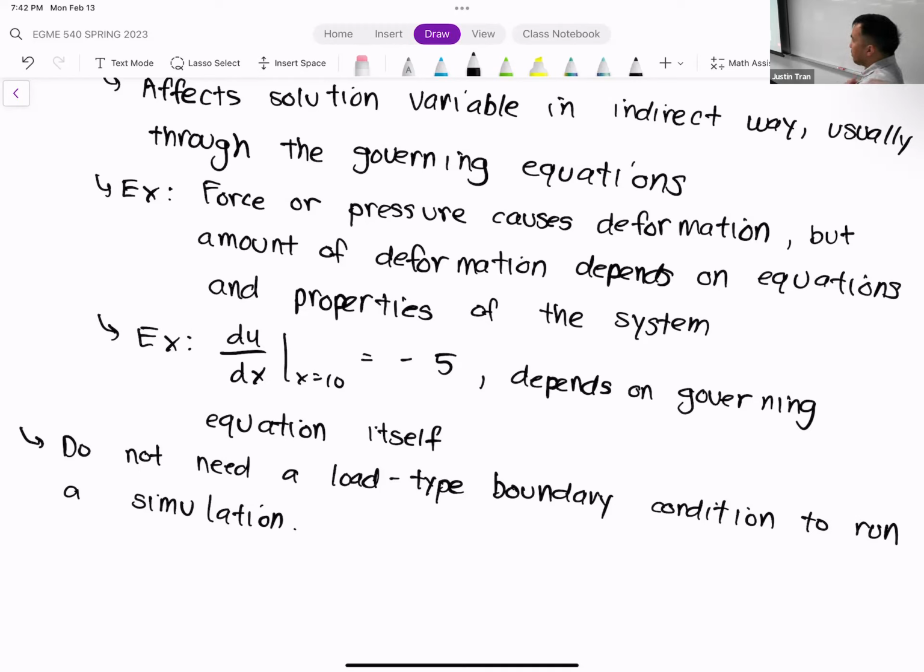With that said, though, unless you're doing kind of a test case, most of the time you are going to have a load type boundary condition. Just because that's kind of naturally how we think about how things interact with our physical system.